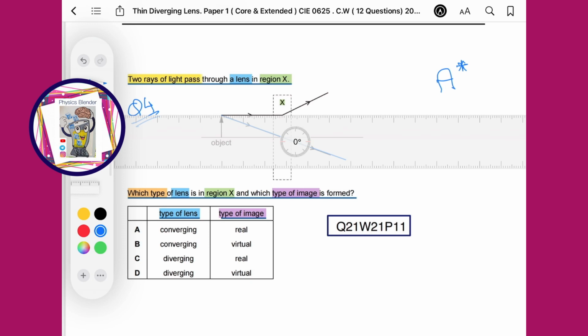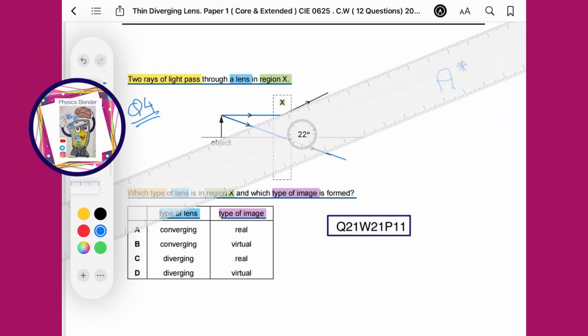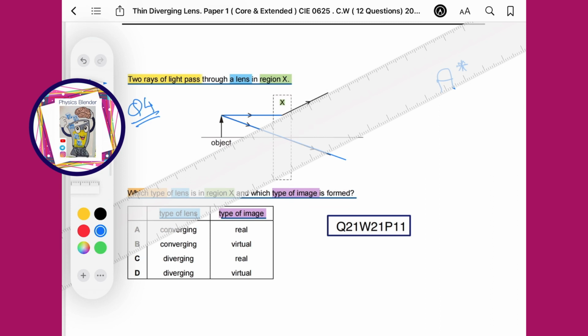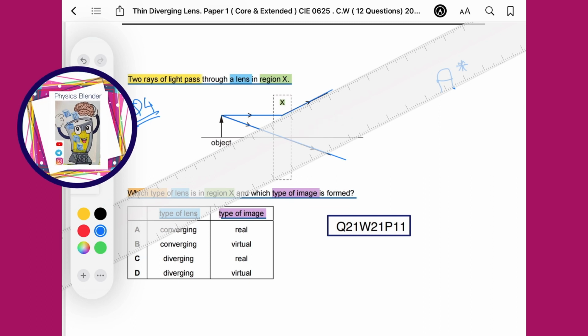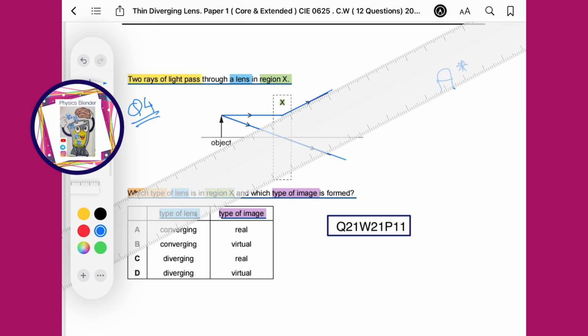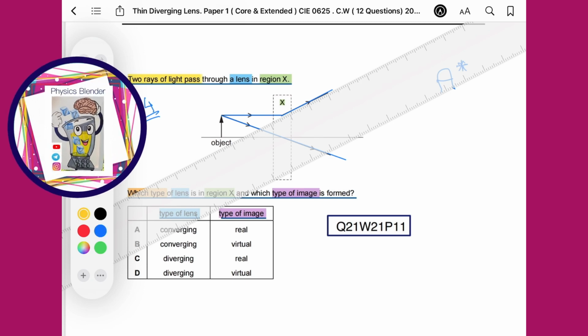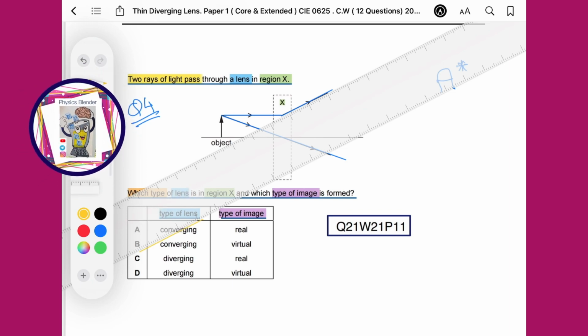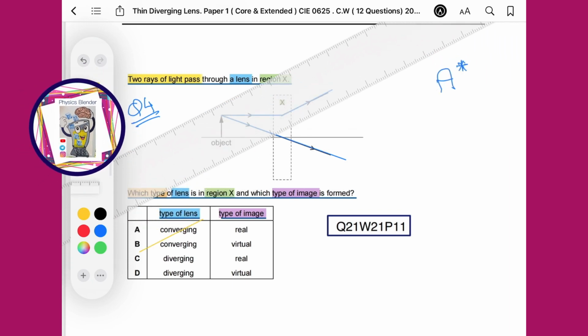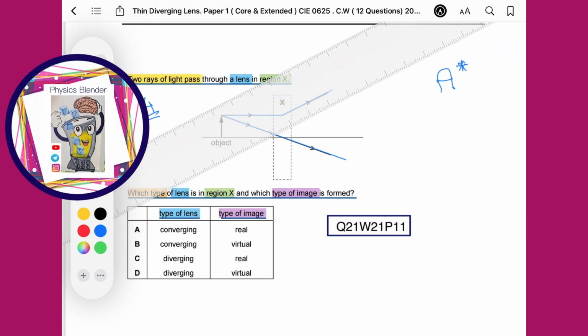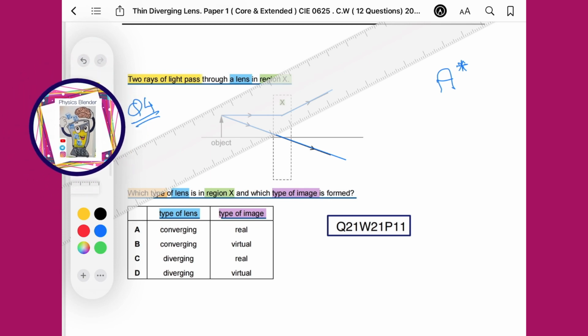The second ray, parallel to the principal axis, diverges. Since the light ray diverged, we are talking here about a diverging lens. So you have to exclude A and B.